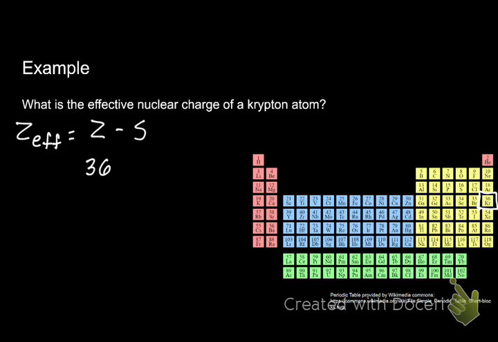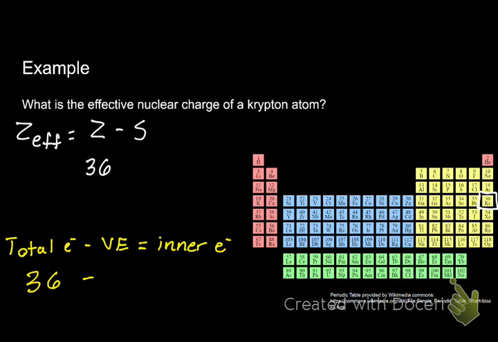To find our number of inner electrons, we have our total electrons minus our valence electrons, and that will equal our number of inner electrons. Being a neutral atom, krypton has 36 protons, so we'll also have 36 electrons.